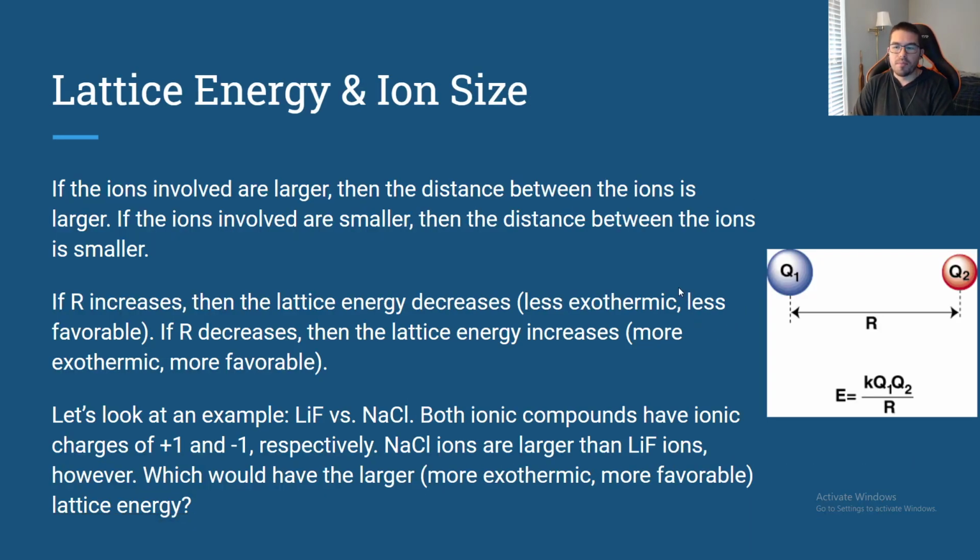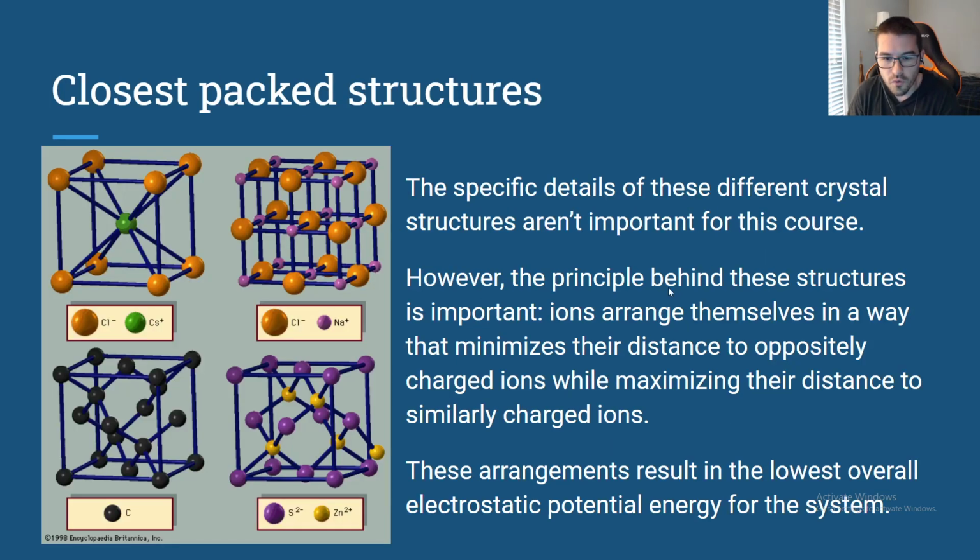Okay, and then I've copied 2 slides from the previous topic from 2.2. I just wanted to bring this up a little bit again, just in case you didn't have a good understanding of this before. So I was just talking about how the ions arrange themselves, right?